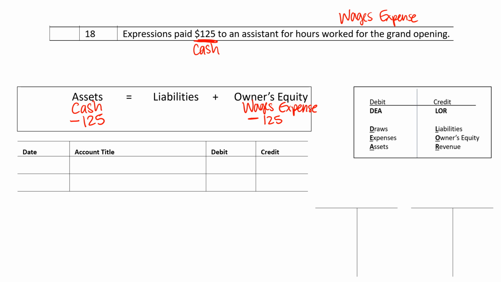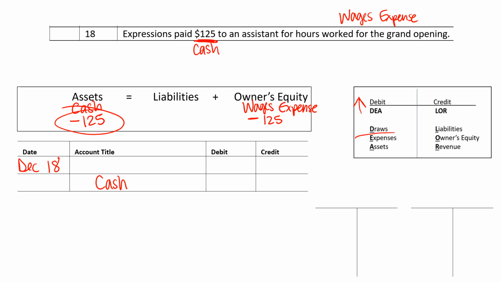And that's a decrease to equity of $125. It's an increase to the actual expense account, but big picture, looking at the accounting equation, it's a decrease to equity. So for the journal entry, the date is December 18th. We look at cash. Cash is being affected. Cash is an asset, and assets are increased with a debit. But here cash is being decreased, so we will credit cash.